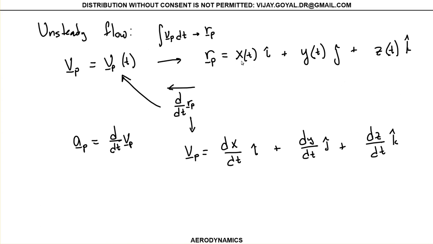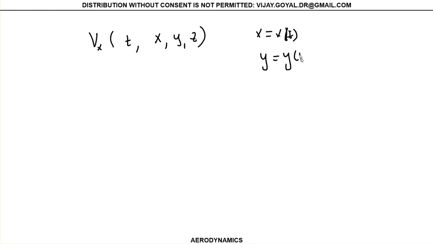Because this whole thing is strictly a function of time. And realize that this is v of x, this is v of y, and this is v of z, as we had before. The only difference is now this is all a function only of time.